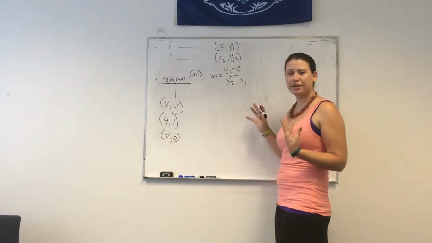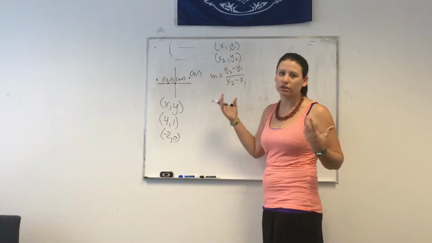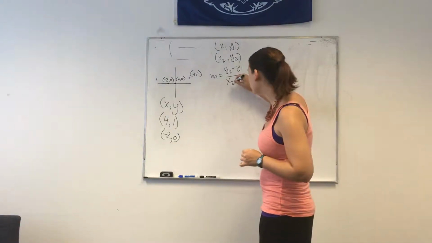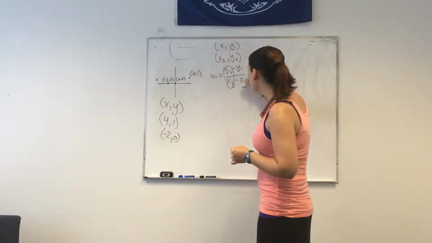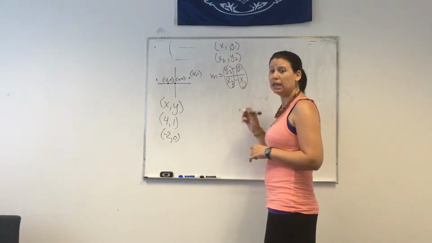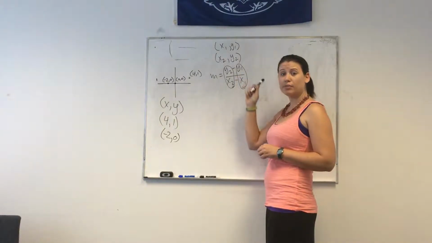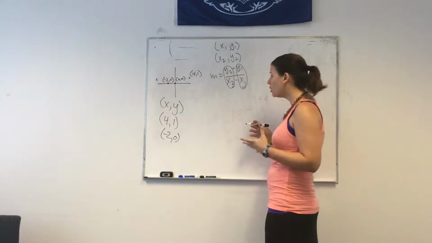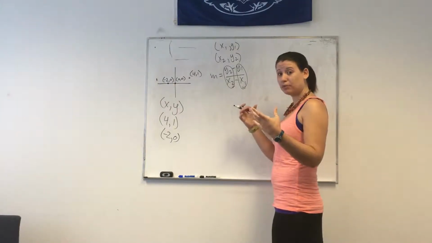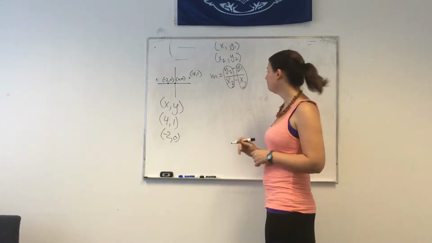It doesn't matter that the 2's are first and the 1's are last. It just matters that this is a point and this is a point, and that your y's are on top of your x's. We always need to rise before we can run, all right?